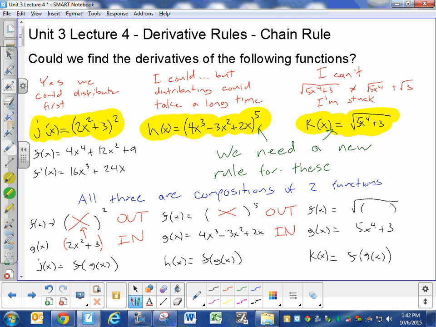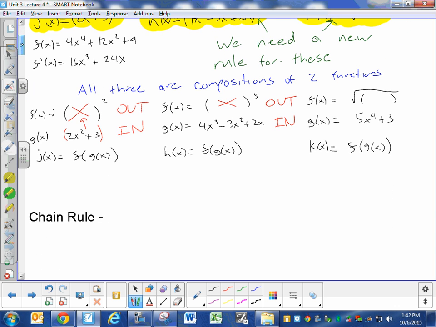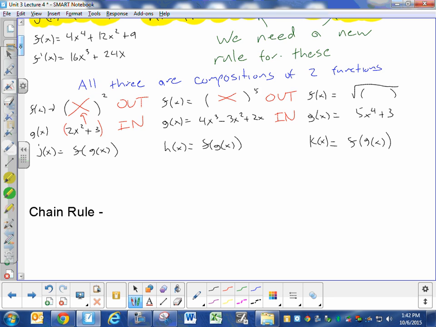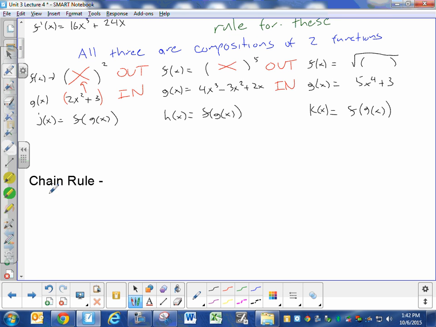And if I want to take the derivative of this composition, this outside and this inside, here is the rule that I will use, the chain rule. The derivative of a composition of functions with an outside function and an inside function is equal to, and you can see the proof of this in your book or online, proof of chain rule, and they'll show you. Take my word for it, though.